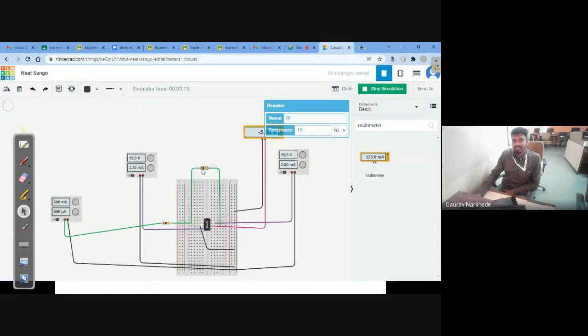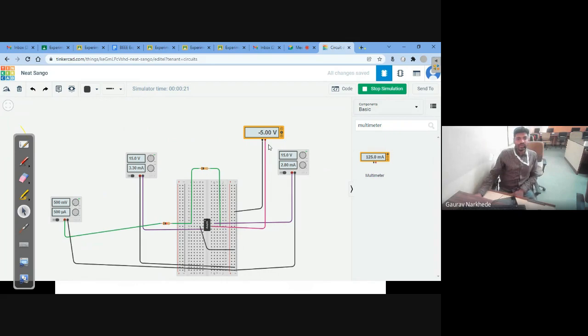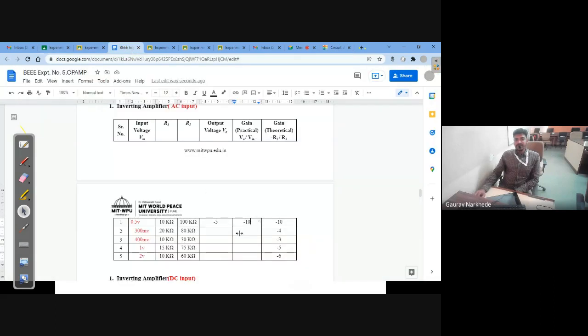Practically we are getting minus 5 volts as output, and input is 500 millivolts. So minus 5 divided by 500 milli comes out to be minus 10. So this minus 10 is your practical gain, right? Theoretical and practical both are matching.